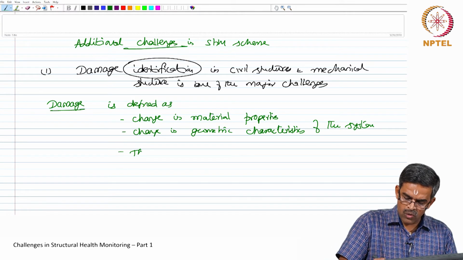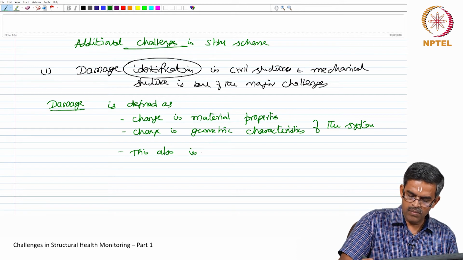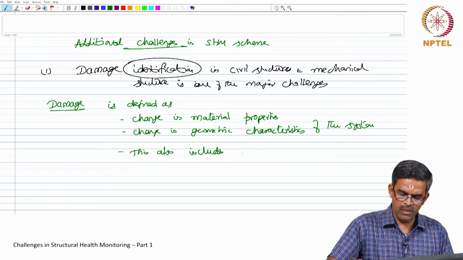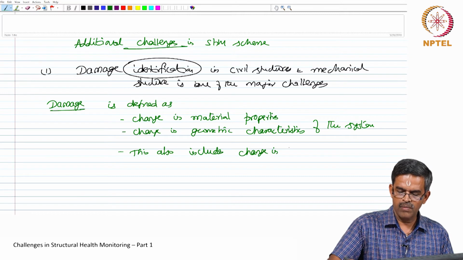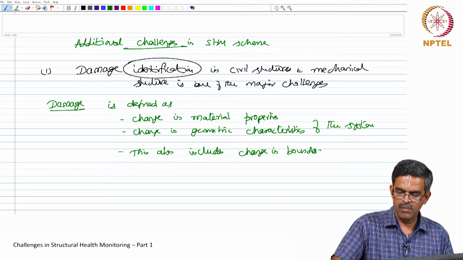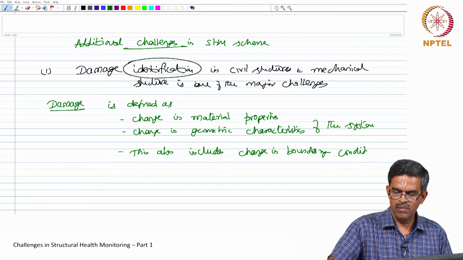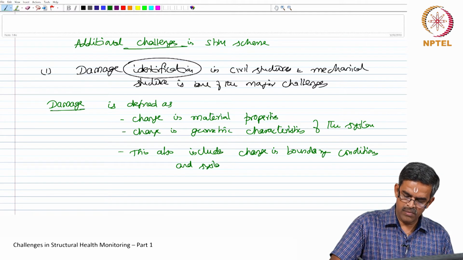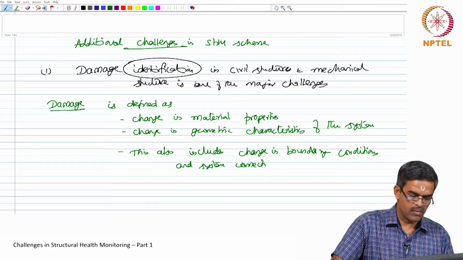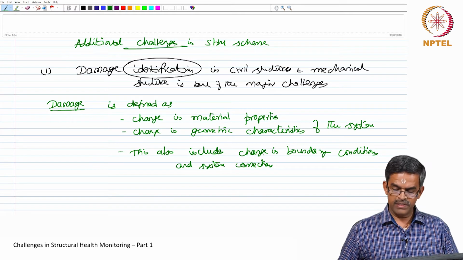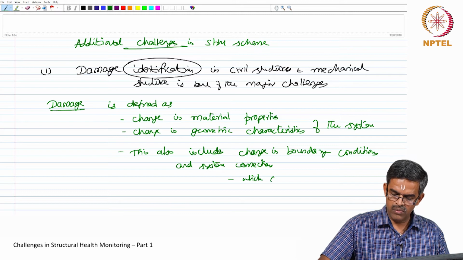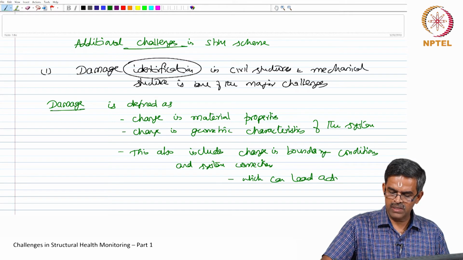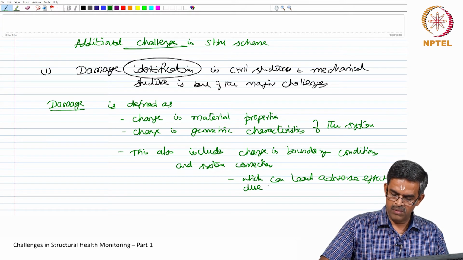This of course also includes change in boundary conditions and system connections, which can lead to adverse effects due to their degradation.